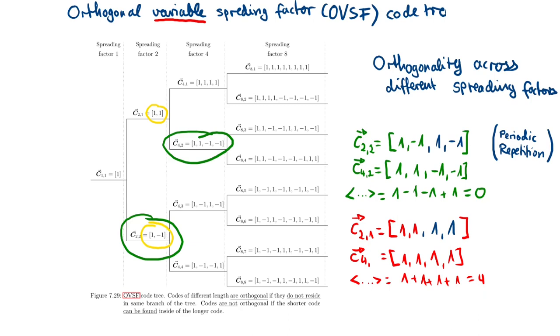Another example, one user is assigned this code and another user gets this code here. And now let's calculate the inner product, and we see that both codes are not orthogonal.